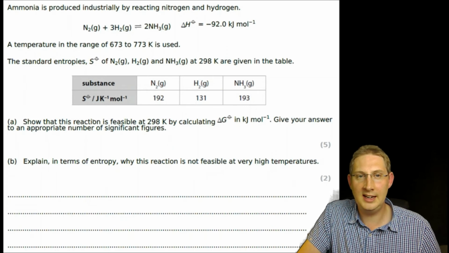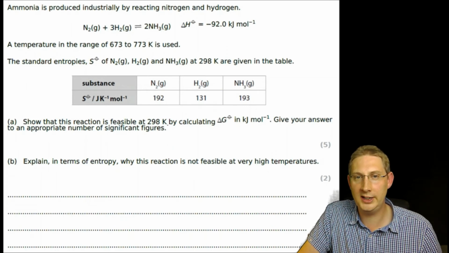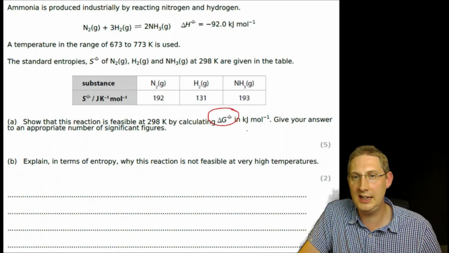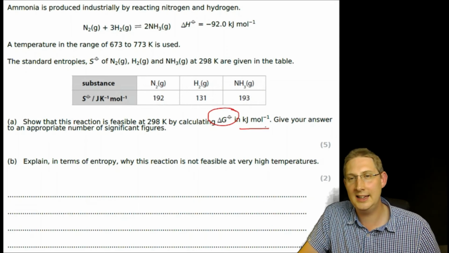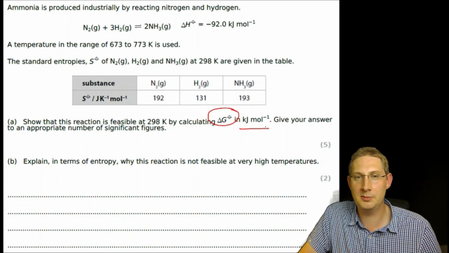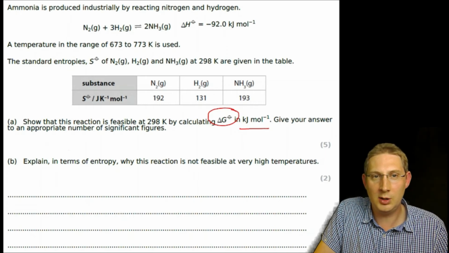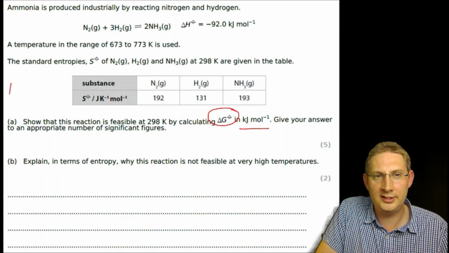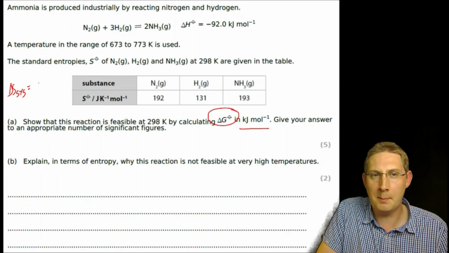We've seen this one before. The only difference here: show this reaction is feasible at 298 K by calculating deltaG in kilojoules per mole. Again, you're given an indication of what units you need to use. Give your answer to an appropriate number of significant figures. Right, well, we calculated earlier that deltaS system is minus 199 joules per Kelvin per mole.